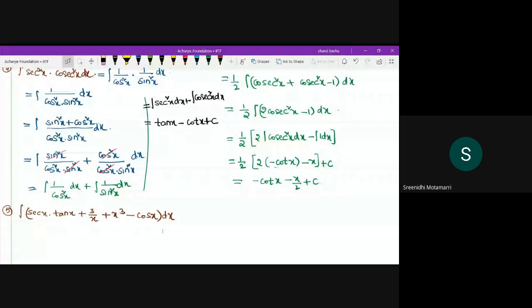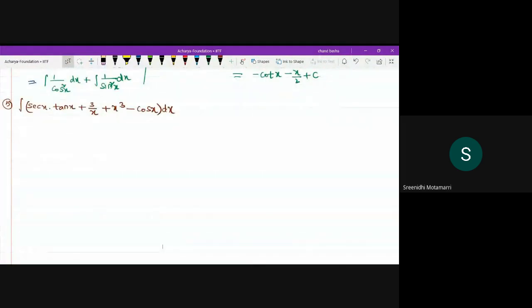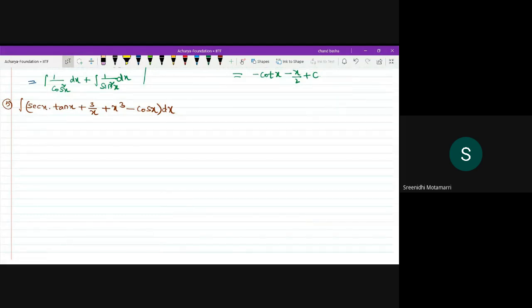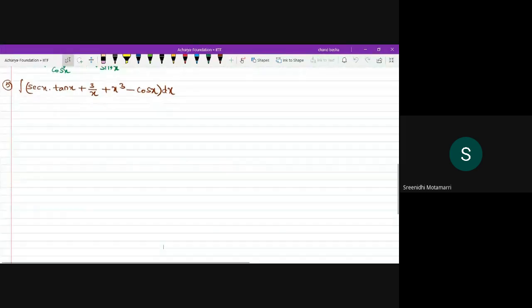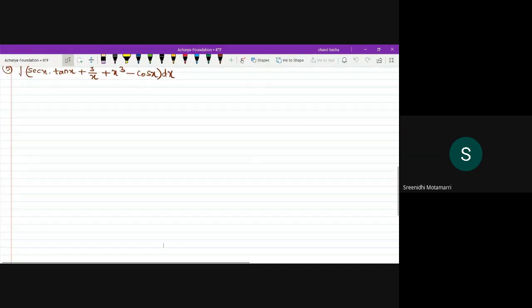Sir, sec x plus 3 log x plus x power 4 by 4 minus sin x plus c. Ritvik, your answer? Sir, secant x plus 3 log x plus x to the power 4 by 4, sir, minus... What is the integral?